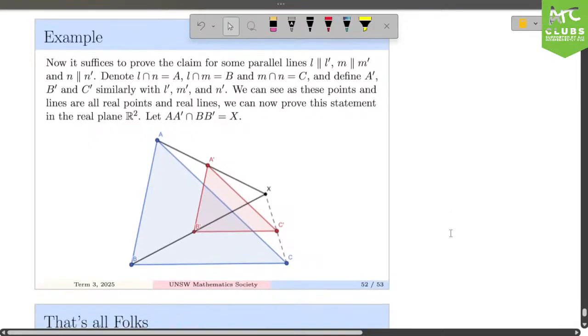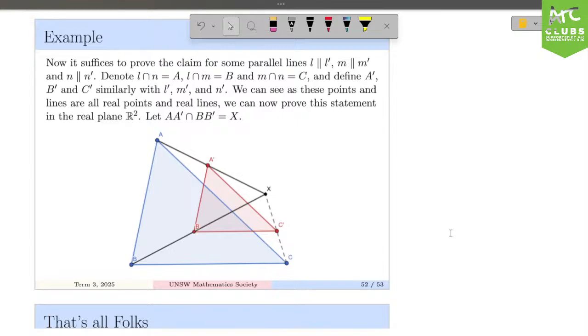this triangle thing. So now we have a triangle here, where the lines of the blue triangle are L, M, and N, and the lines of the red triangle are L prime, M prime, and N prime.